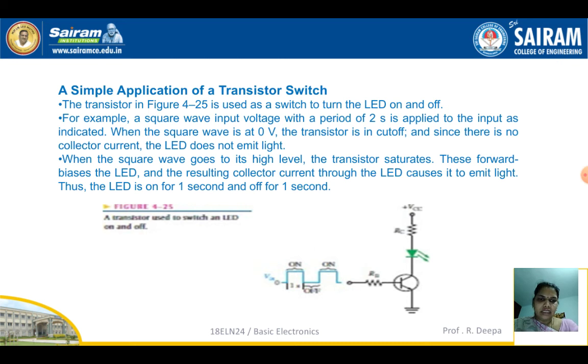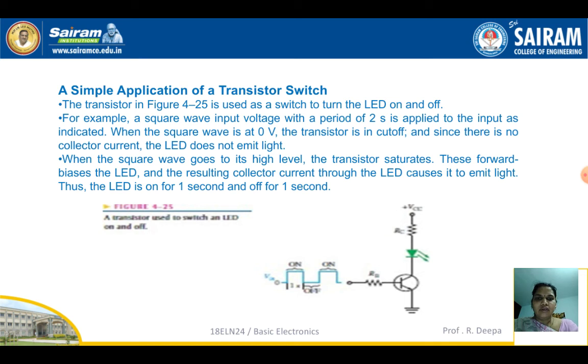So we have a transistor connected in common emitter mode, and input is given to the base of the transistor via the base resistor RB, and the LED is connected at the collector of the transistor, and a supply voltage of plus VCC is given to the collector terminal of the transistor via the resistance RC. So now we are going to make the LED glow by giving an input square wave to the base of the transistor.